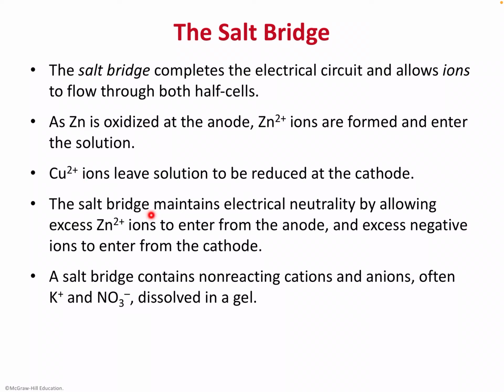The salt bridge maintains electrical neutrality by allowing excess zinc ions to enter from the anode and excess negative ions to enter from the cathode. So the salt bridge contains non-reacting cations and anions, often potassium ions and nitrate, dissolved in a gel.